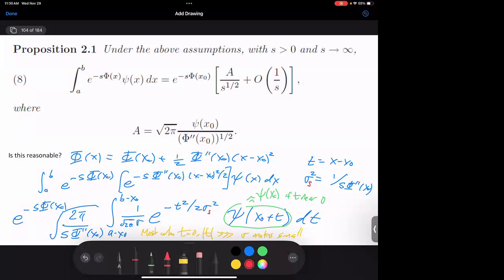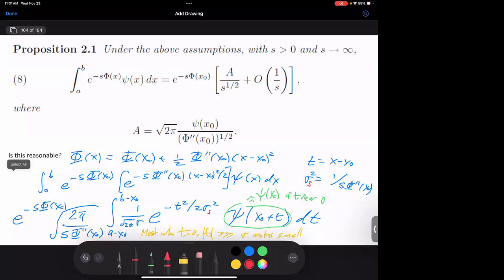And so unlike what we had last time, which was over an interval of size on the order of square root of n, now we have something of size on the order of 1 over square root of s. And again, I might be off by an s to the epsilon or a log of s. I don't care. It's roughly on the size of 1 over square root of s. Okay. Any questions on this?